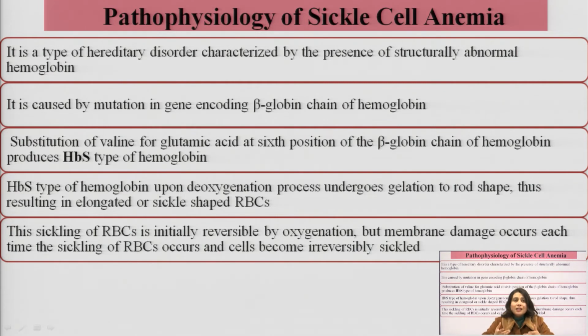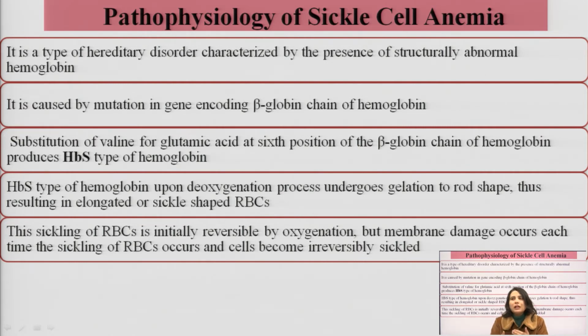It becomes sickle shaped. Initially this is a reversible process. As soon as this hemoglobin again gets oxygenated, it will again acquire the circular shape. Then again, during deoxygenation, it will acquire rod shape, and the RBCs will acquire a sickle shape again.